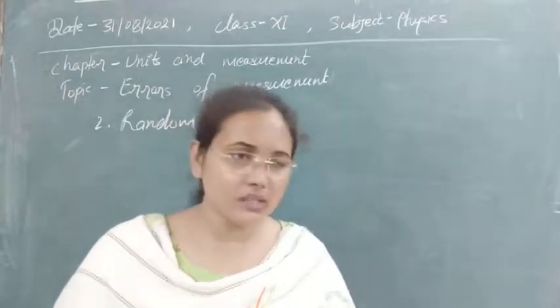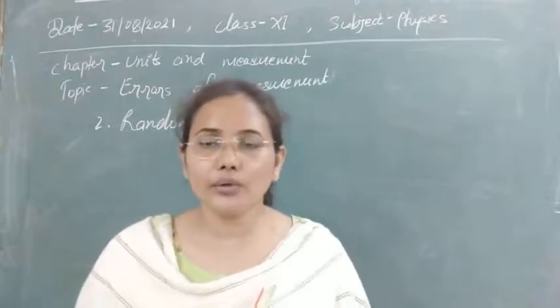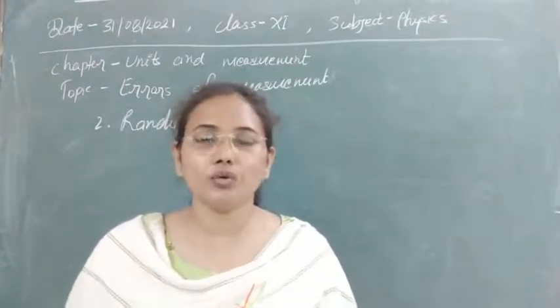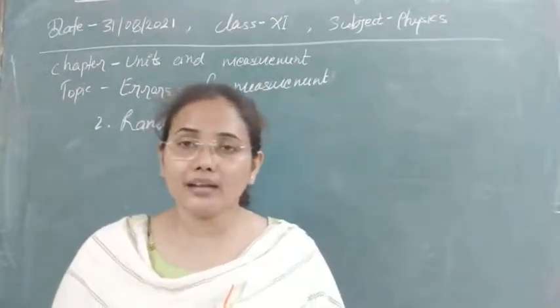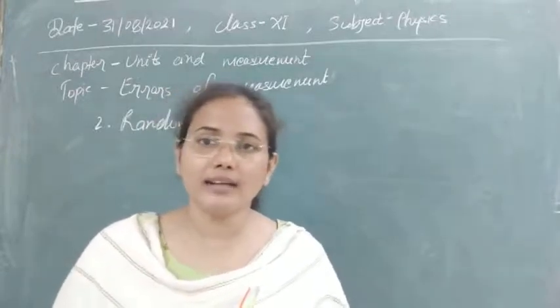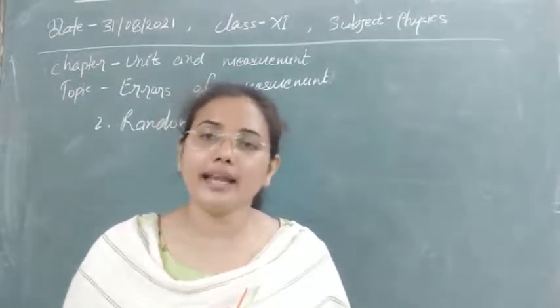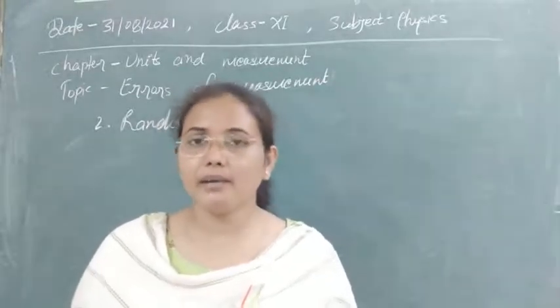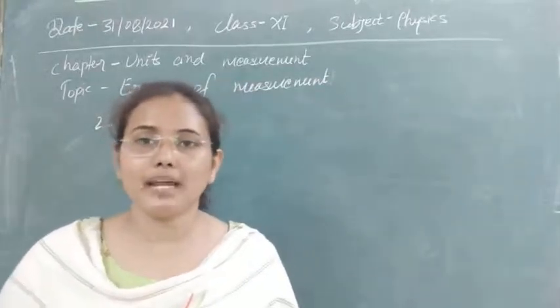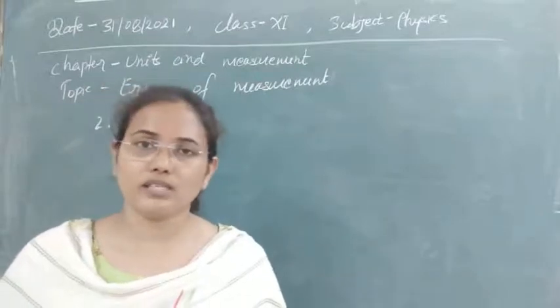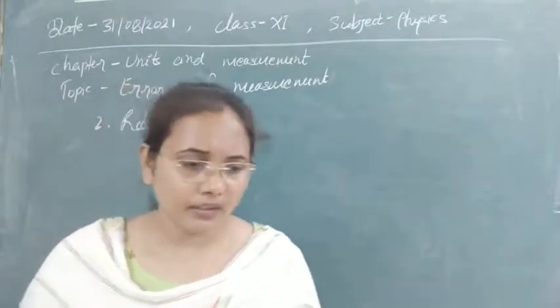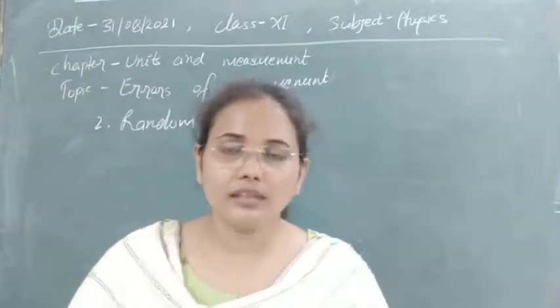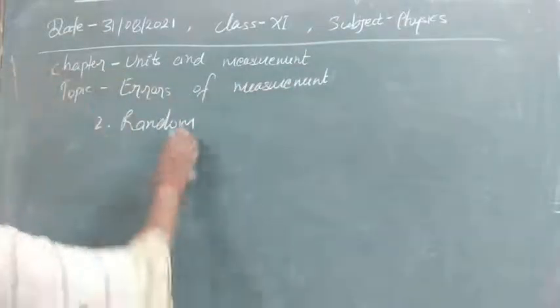That's why it is always advised to perform an experiment 3 to 4 times, so that if you take the mean of all of them, it will provide you a nearly accurate value, with fewer chances of error. So random error can be minimized by repetition of observations or experiments. Next and last one, gross errors.